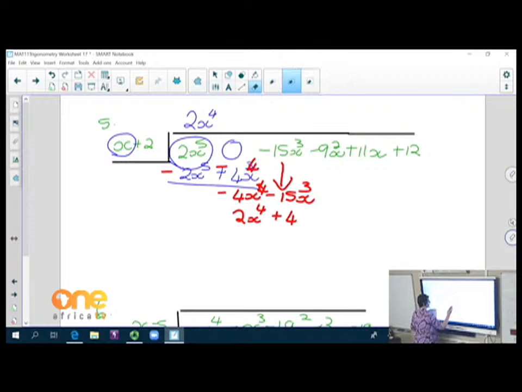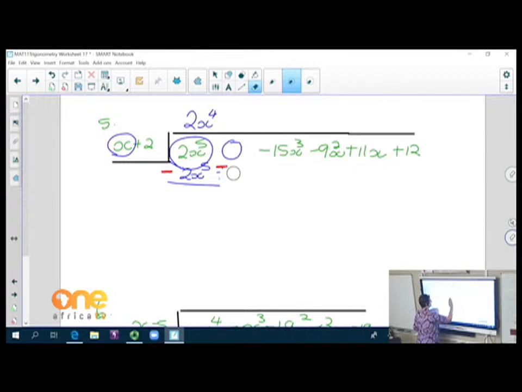Sorry, let's just go back to this one. Okay, so if we multiply here, it is then plus 4x to the power of 4. Now that we subtract, we change the second signs, which makes this one negative 4x to the power of 4.